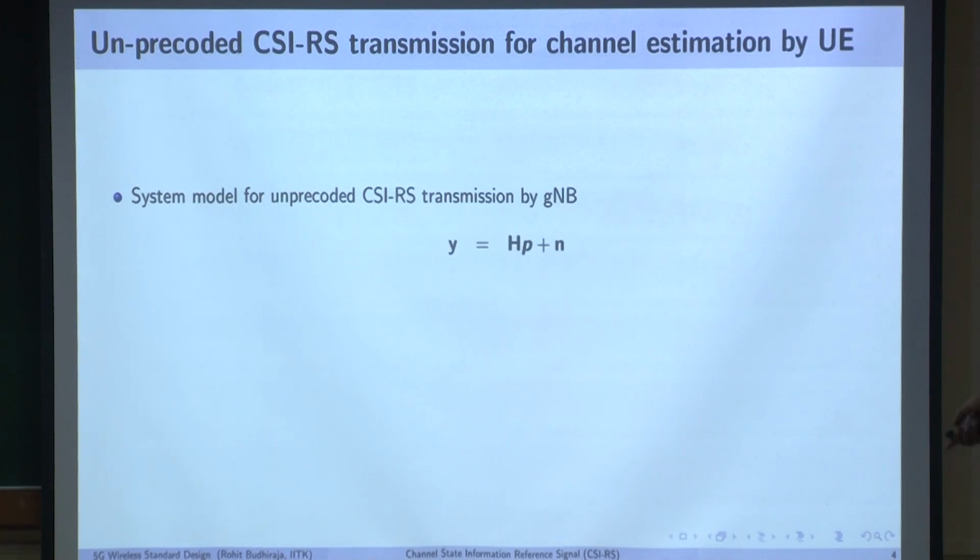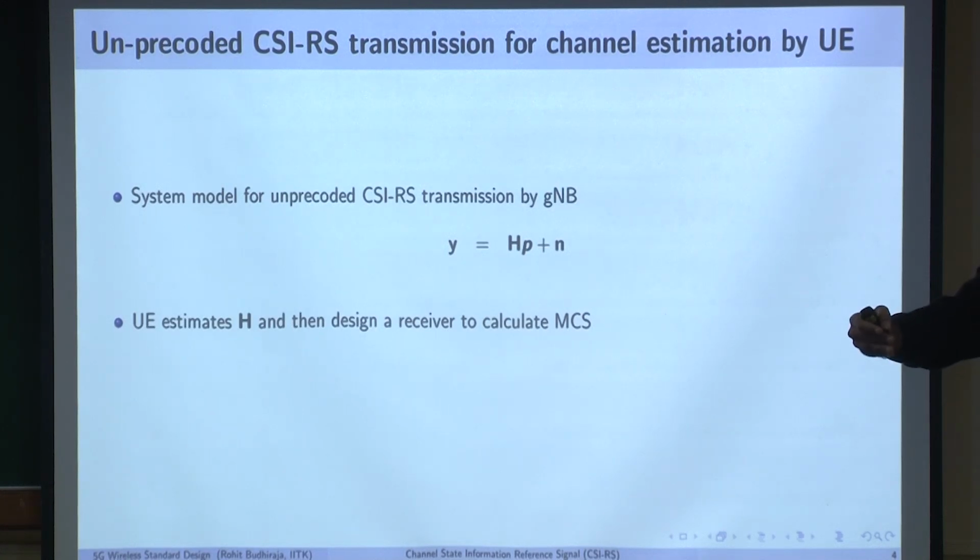So what is this? This is unprecoded CSI-RS transmission. Y is equal to HP plus N. What is the dimension of P? If the base station has 32 antennas and NU is 2, it will be 2 cross 32. You need 32 ports. So the base station has to transmit a 32 port CSI-RS, and look at the overhead when compared with the 2 port CSI-RS.